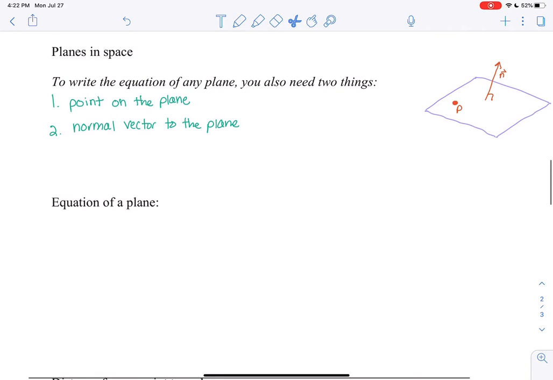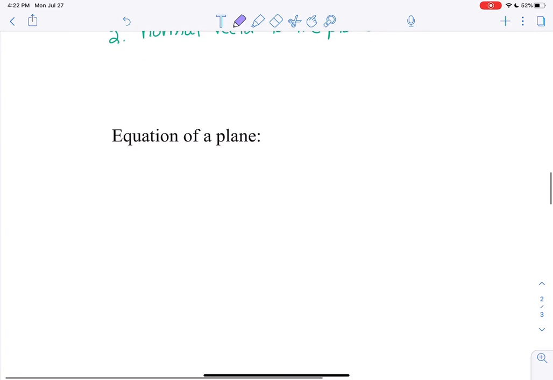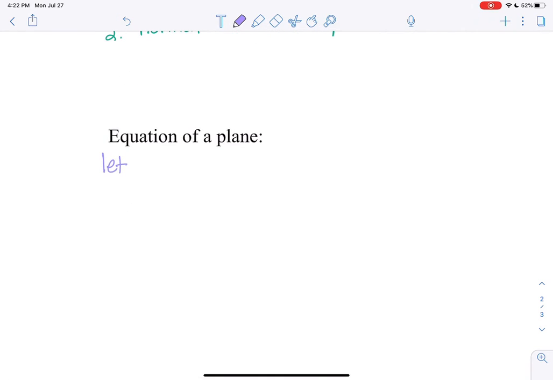And so the way you combine those two into an equation is, let a point on the plane be P, where its coordinates are x naught, y naught, and z naught, and let n be a normal vector.